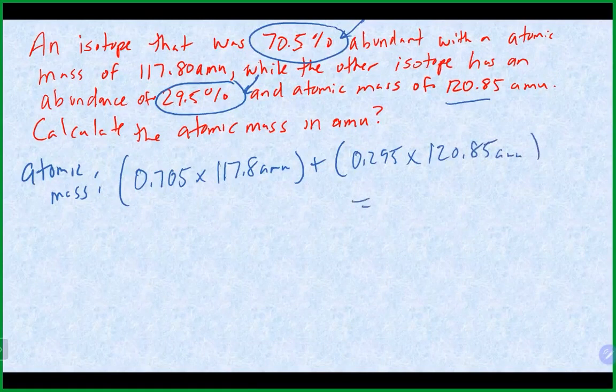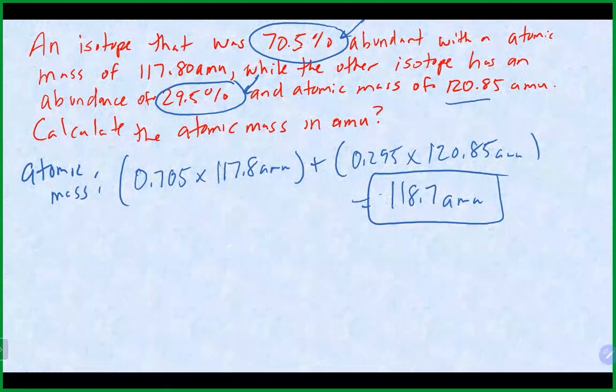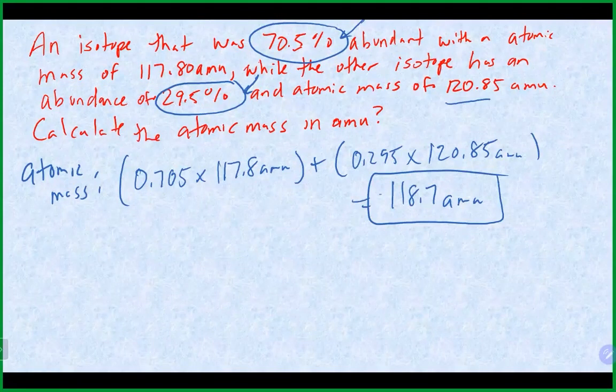If we do all that, we get about 118.7 AMU in this case. I made it up, but if we look on the periodic table, it looks like we might be talking about tin. Yeah, that's 118.7. Any questions on that calculation there? So this is essentially how we do the calculation to figure out the atomic masses that we see on the periodic table.